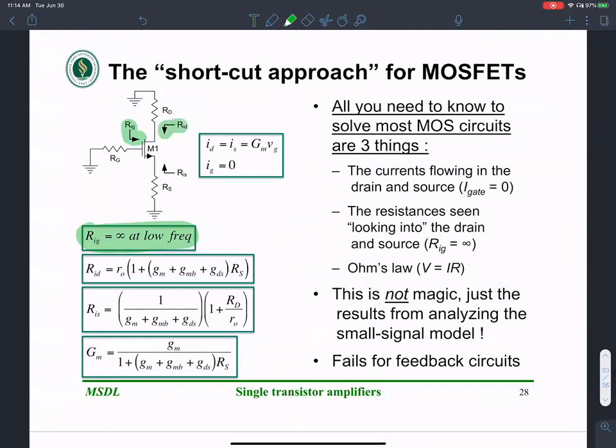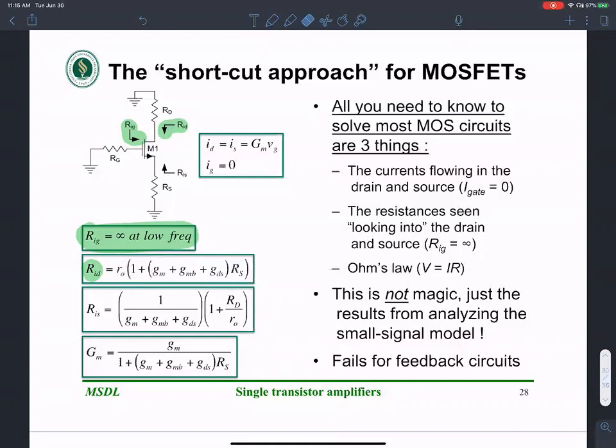Resistance looking into the drain is, notice, RID. So that's this guy. RID is R naught multiplied by 1 plus GM plus GMB plus GDS times RS. GDS is again 1 over R naught, right?